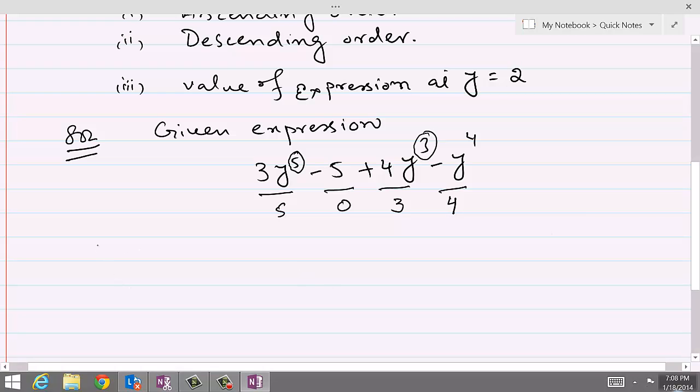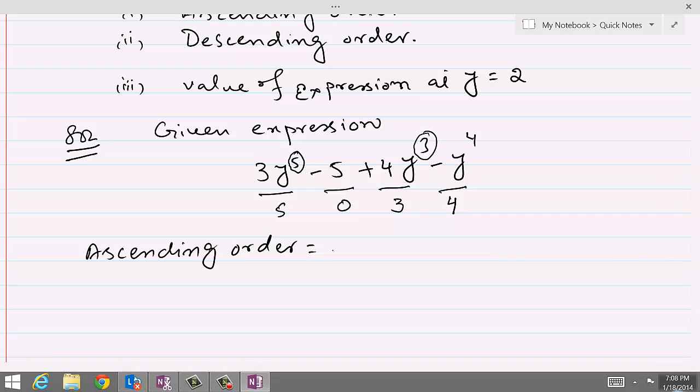So in ascending order, we write the lowest degree term, which is minus 5, and then degree 3, the corresponding term is 4y cube, and then minus y power 4, and then plus 3y power 5.